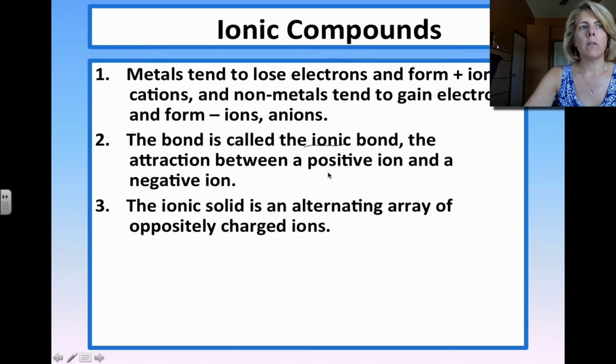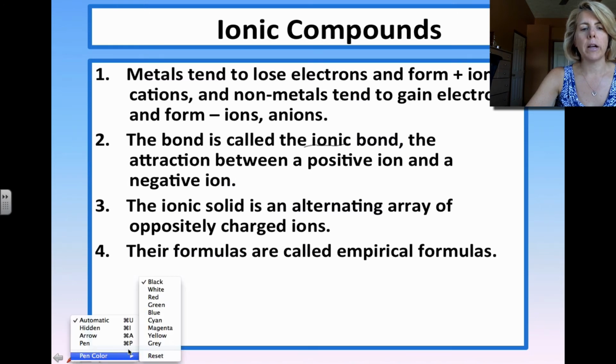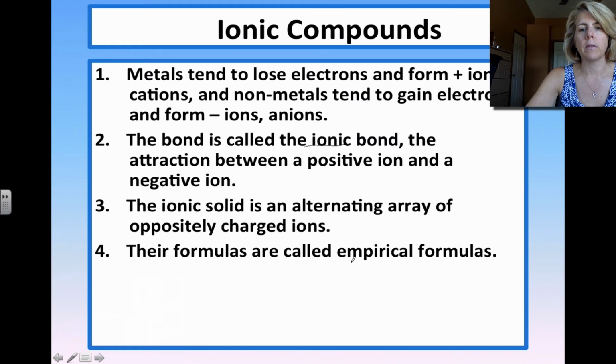The ionic solid, or the material made up of the ions, it will be alternating pattern. So you're going to notice when we talk about covalent bonds, there's something different going on, and we'll get into more detail with the next chapter. Notice that when we're talking about ionic bonds, we're talking about empirical formulas. They aren't discrete molecules.